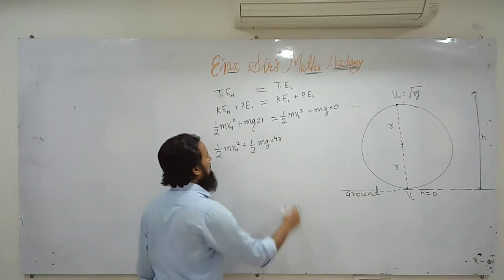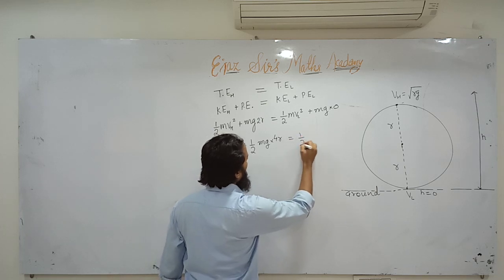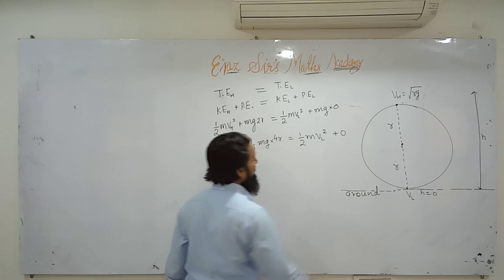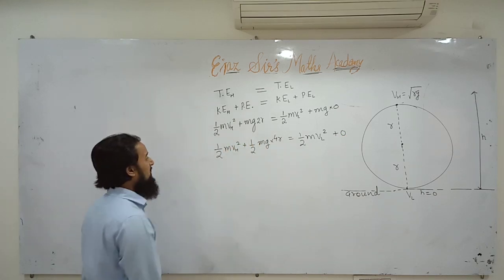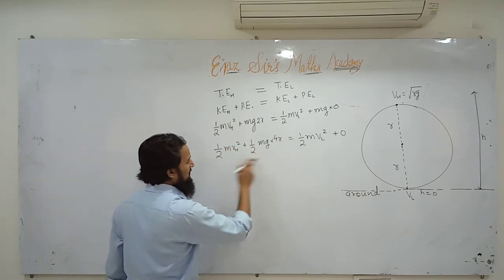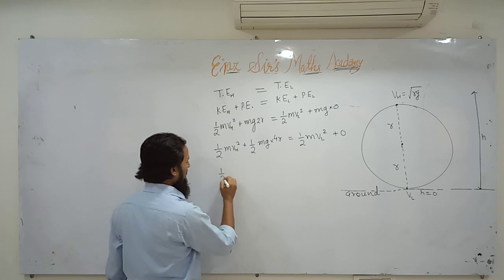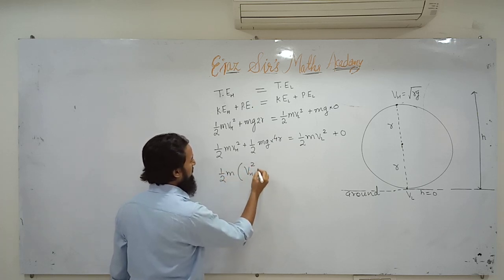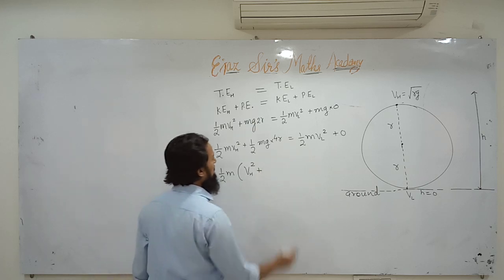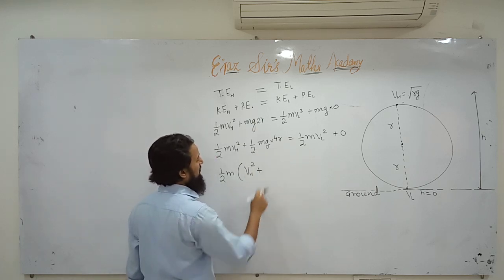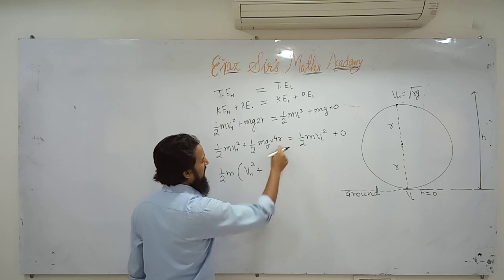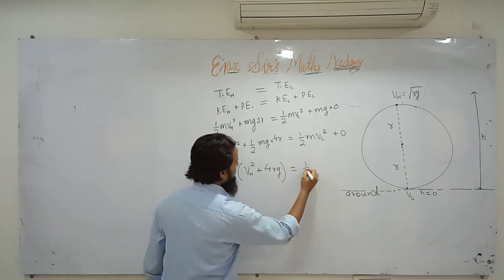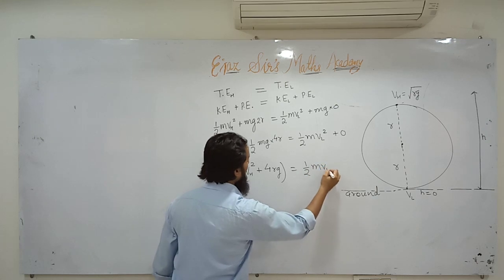Understood? Is equal to half m vl square plus 0. Everything will become 0 on the right hand side. Now from this left hand side I can take out half m common. It will be vh square plus, what is left? 4rg. 4rg is left. From here it is only half m vl square.